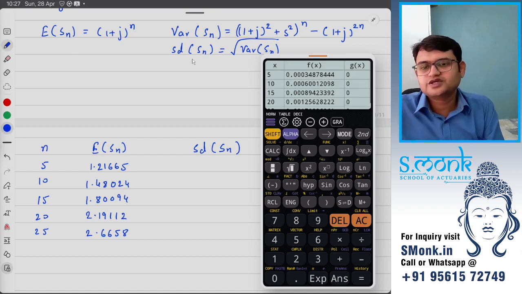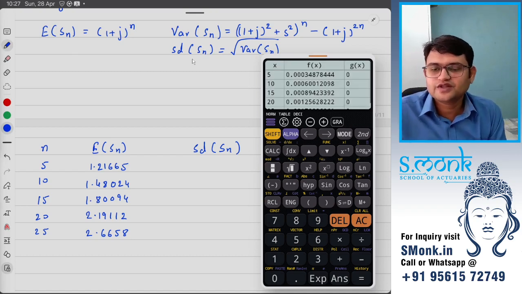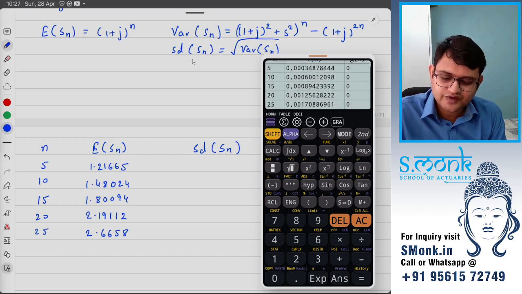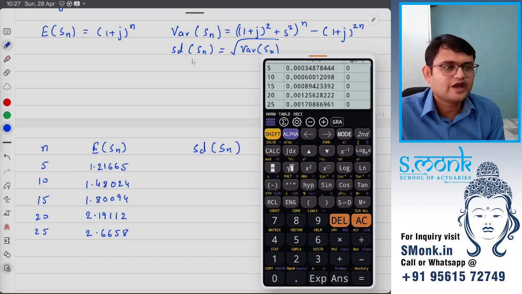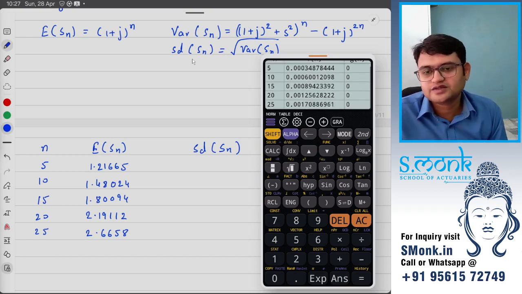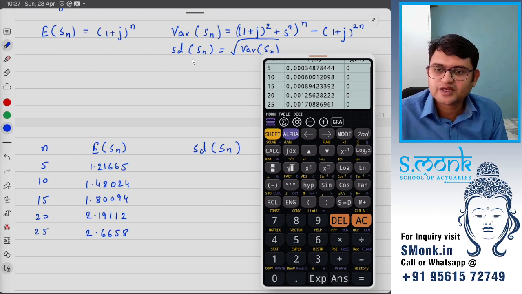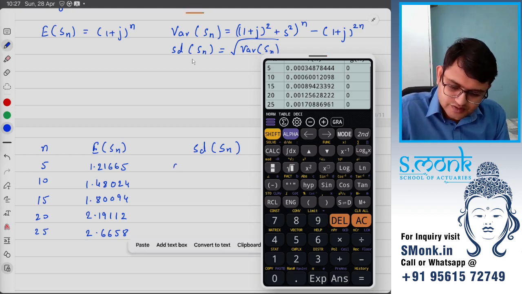So see, you can see here x is 5. They have given the value of f of x. X is 10. They have given the value. X is 15. X is 20 and x is 25. So I don't have to write this equation again and again. It already substituted 5, 10, 15, 20 and 25 for me and gave me the answers.